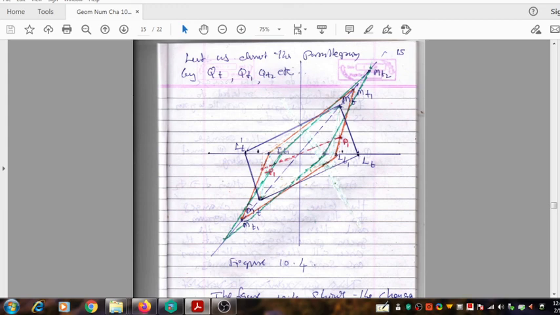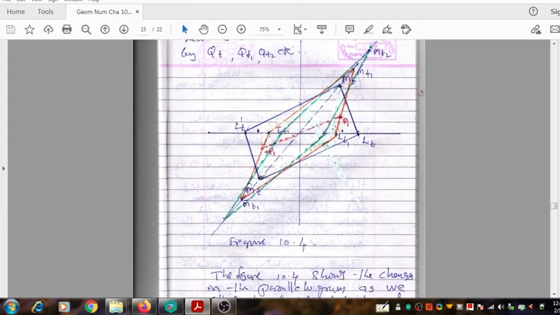Look at this figure and think about the point, the actual point that we have taken as the lattice point inside the first parallelogram, the blue parallelogram. As a result of the application of the previous theorem, we have got a lattice point inside the blue parallelogram.